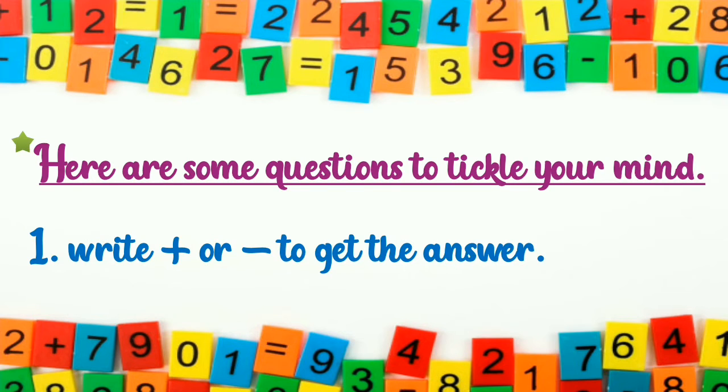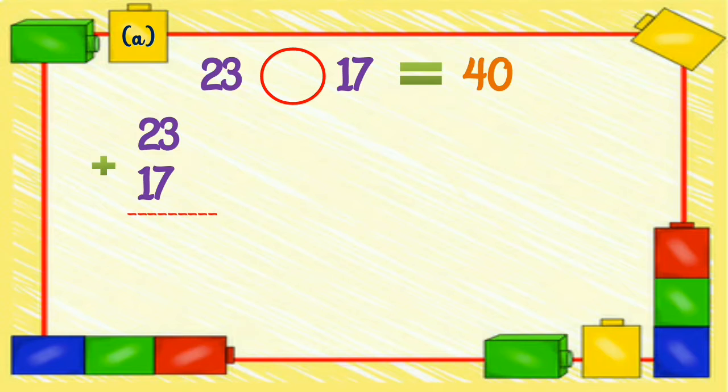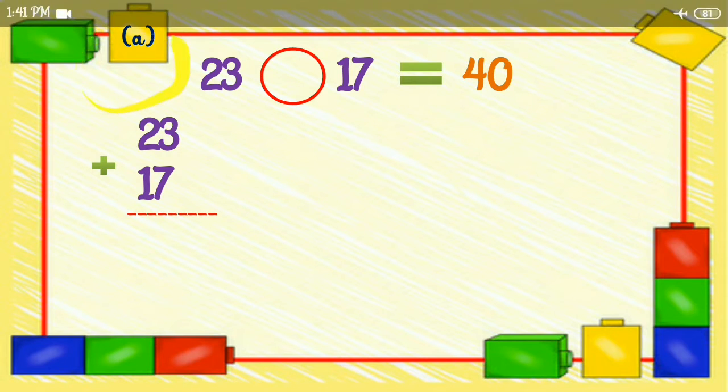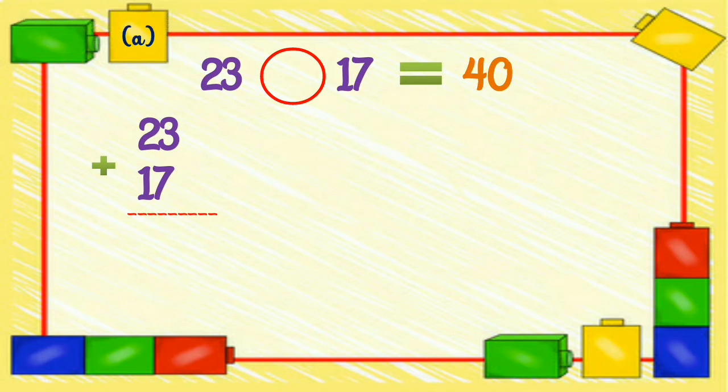So children, here we can see number 1, A, and our question is 23 and 17 is equal to 40. Which sign, plus or minus, gives the answer?